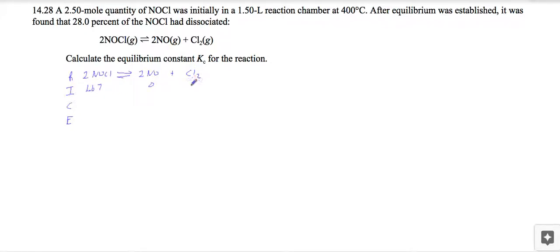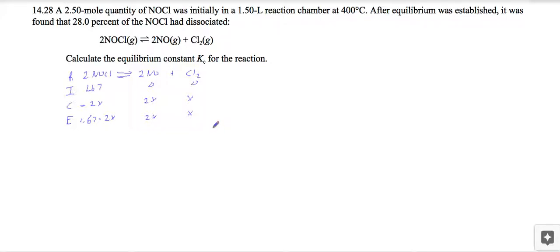On this side, we have 0 and 0, minus 2x, 2x, x, 1.67 minus 2x. There we go. And now we can just plug things in. Now we can figure out what x is.